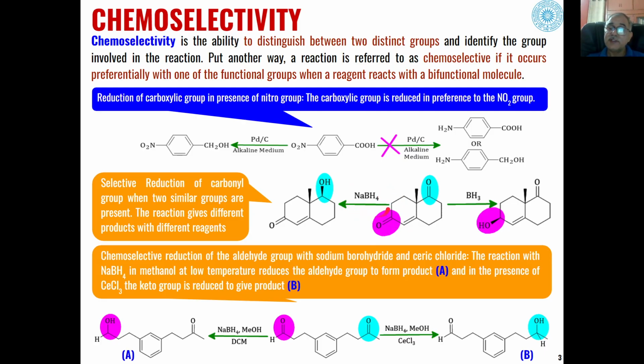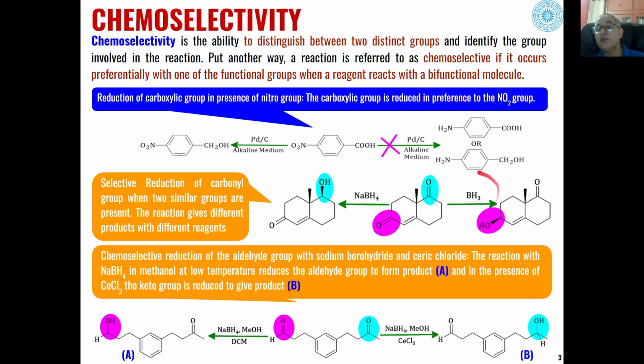When reduction is done with sodium borohydride, it has been found that it reduces only this carbonyl group and not the alpha beta unsaturated carbonyl group. So sodium borohydride is a selective reagent for reduction of carbonyl groups which do not have any alpha beta unsaturation.